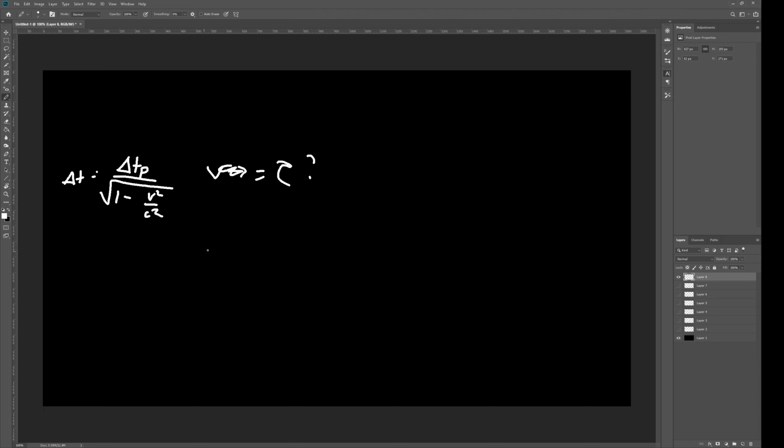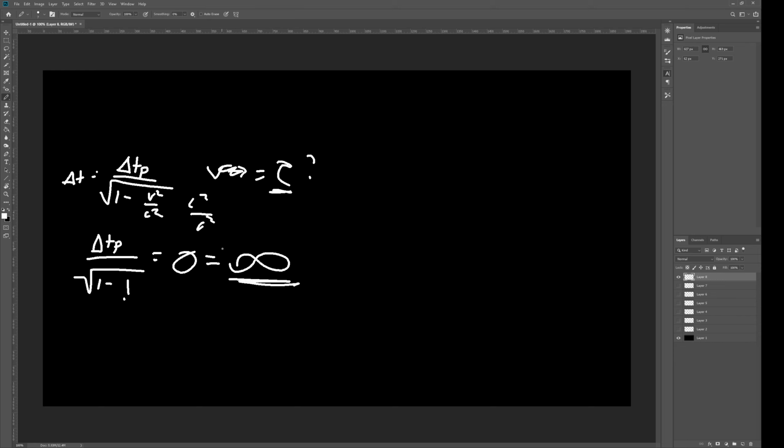Then we get our proper time, and then the square root of 1 minus c squared over c squared, which is just going to be 1 minus 1, and this ends up being 0. But in truth, this actually means infinity. So if you are moving at the speed of light, you are technically immortal, as long as you do not change directions or speed up or slow down.